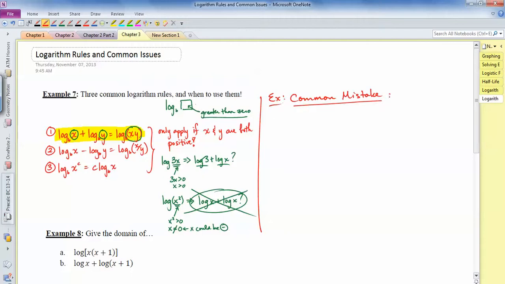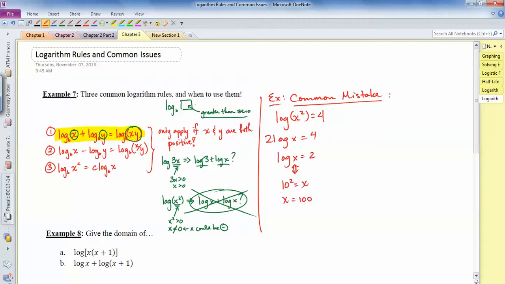Okay, so let's say that the problem was to solve for x, and the problem was log, we'll just say base 10, so regular log here, of x squared equals 4. And so what a lot of students will do is they'll say, well, that's either log x plus log x, or they'll say, bring the power down in front, 2 log x equals 4, so then divide by 2, so log x equals 2. And so then if you use your conversion formula, then that's 10 squared equals x, so x is 100.